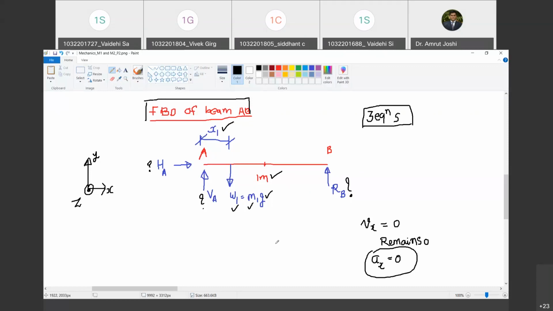Now tell me why it is 0. Not just because Vx is 0. Vx is 0 and it remains 0, both are important. Therefore, AX is 0. Happy? Yes, sir. Okay. Now, can you tell me Newton's second law?